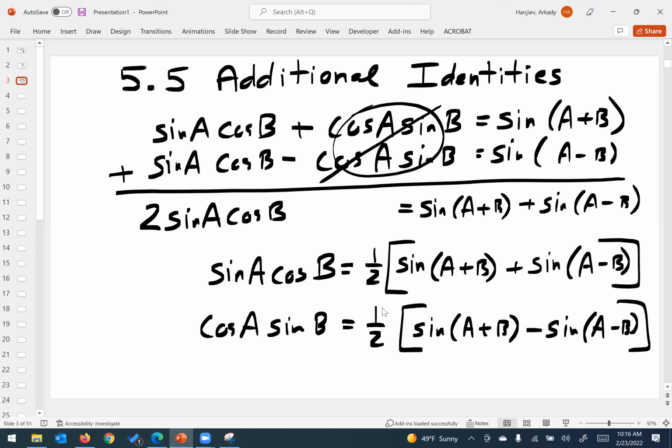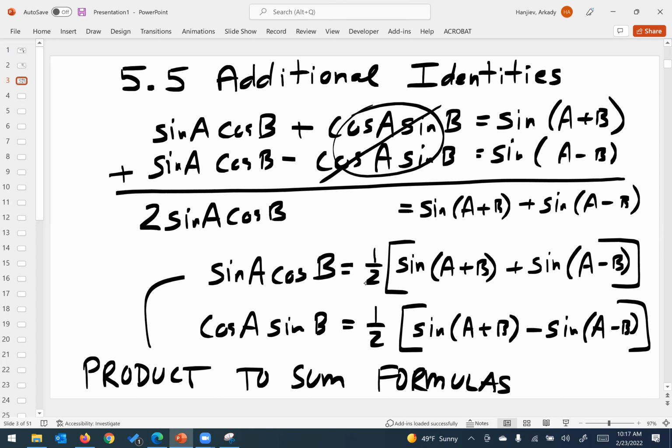And then we use the cosine addition formulas and do the exact same thing. Add them together, the terms cancel. Subtract them, some other terms cancel. What would we call that one? These are called the product to sum formulas. Even the difference ones? Yeah, all of them, it's still a sum in the name.